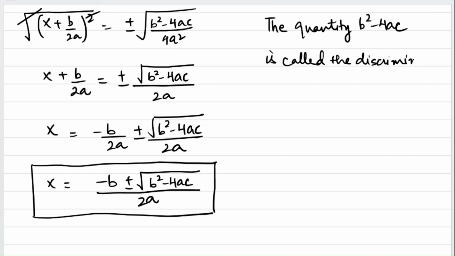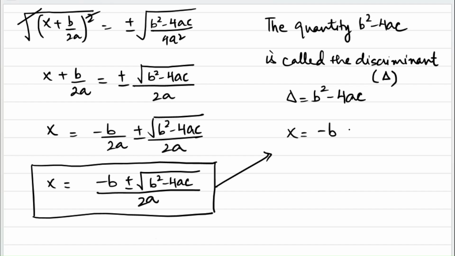So delta, or the discriminant, is equal to b square minus 4ac. If delta is b square minus 4ac, I can rewrite my quadratic formula as x equals minus b plus minus square root of discriminant delta divided by 2a.